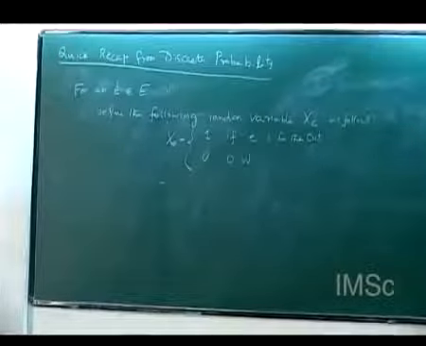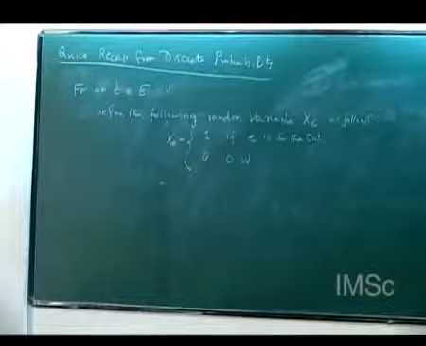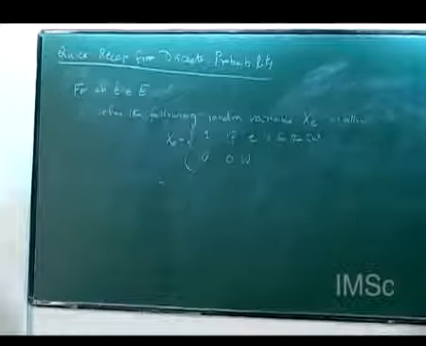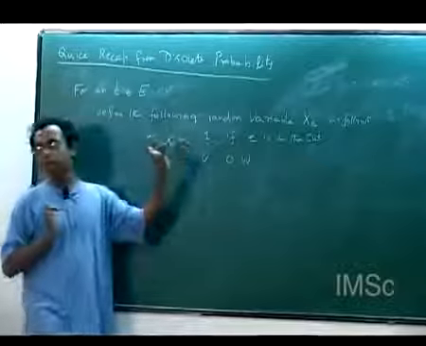Remember, what is random here? Random is that experiment, the coin toss. This random variable gets 1 or 0 in that experiment.